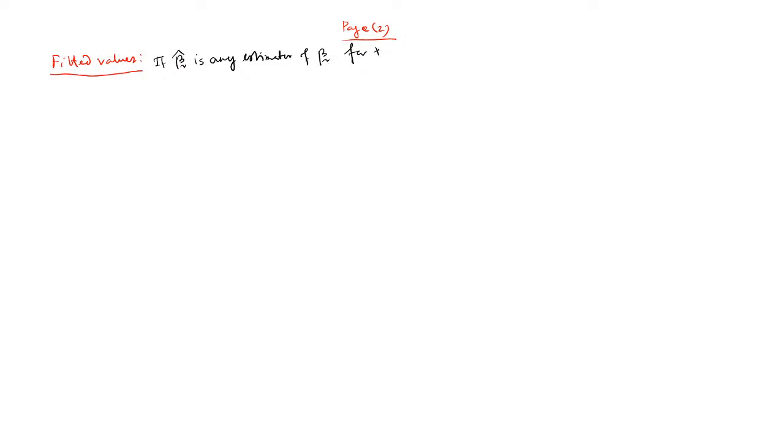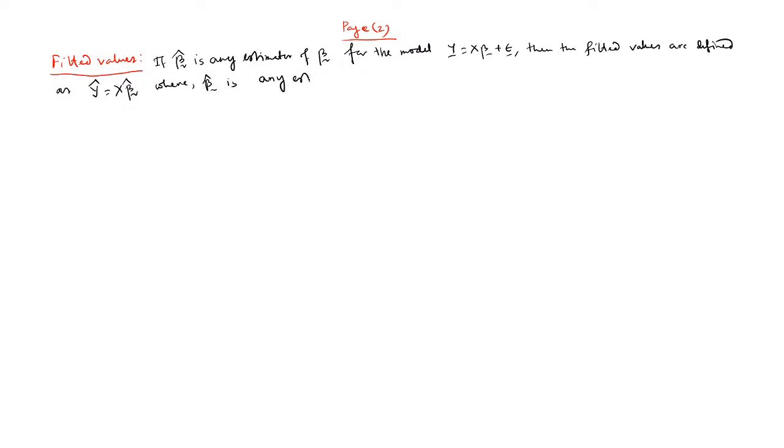For the model y curl equal to X beta curl plus epsilon curl, the fitted values are defined as y hat equal to X beta curl hat, where beta curl hat is any estimator of beta.